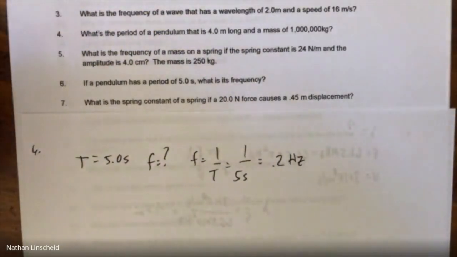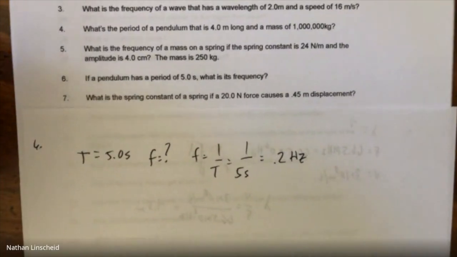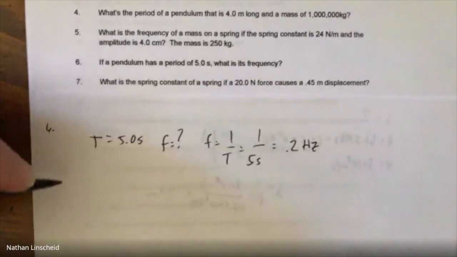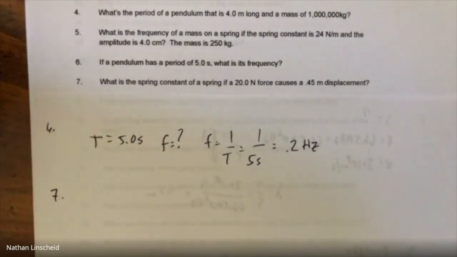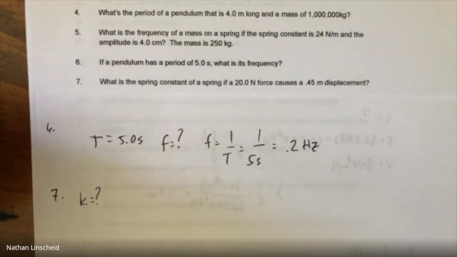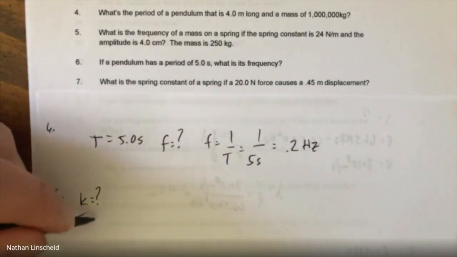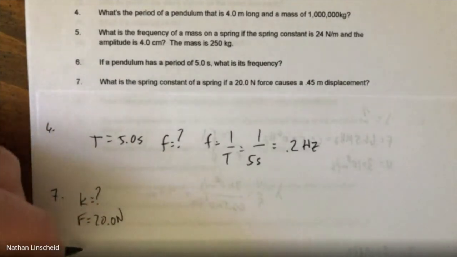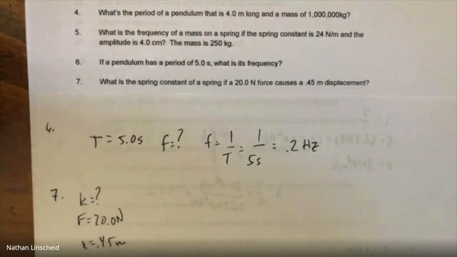All right, number 7. What is the spring constant of a spring if a 20 Newton force causes a 0.45 meter displacement? So number 7 is going to be using Hooke's law because we're talking about spring constants and springs and forces and displacements. So looking for a spring constant, k. The force is 20 newtons, and the displacement is 0.45 meters.